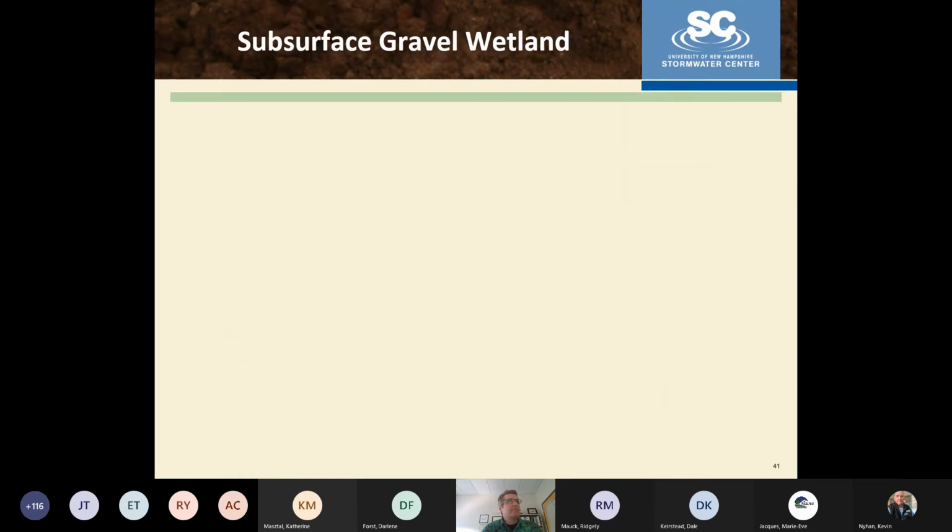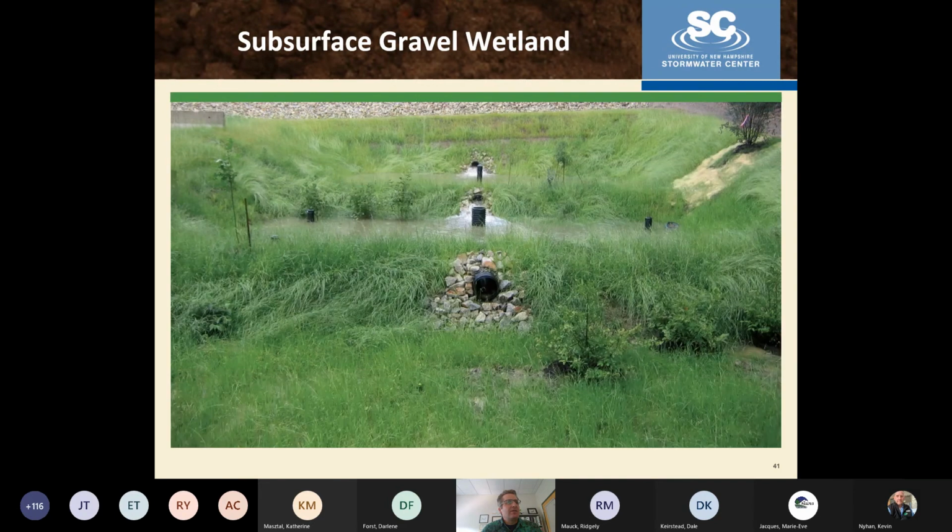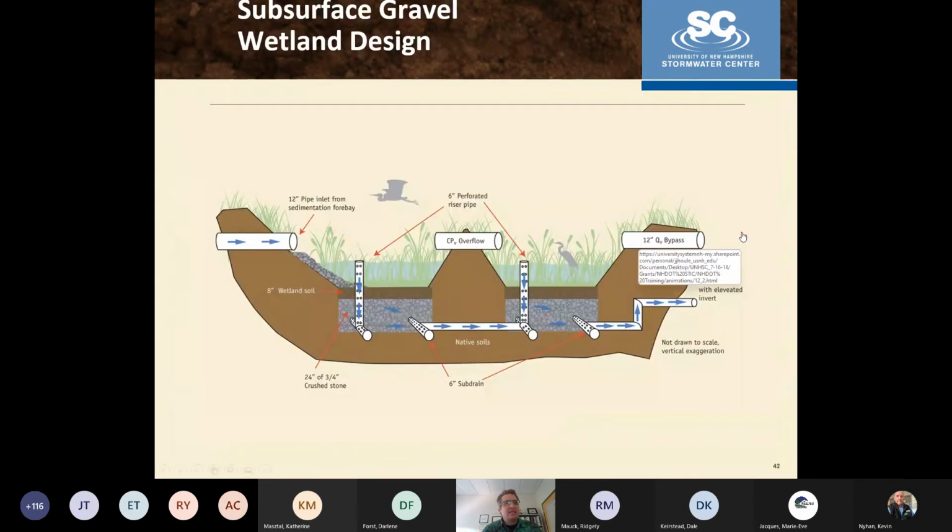All right, now we'll cover the subsurface gravel wetland. As I said, this is kind of the workhorse at our facility. We've researched this over time, and this has been the best performer for the range of pollutants. Essentially, it's a horizontal flow subsurface wetland.